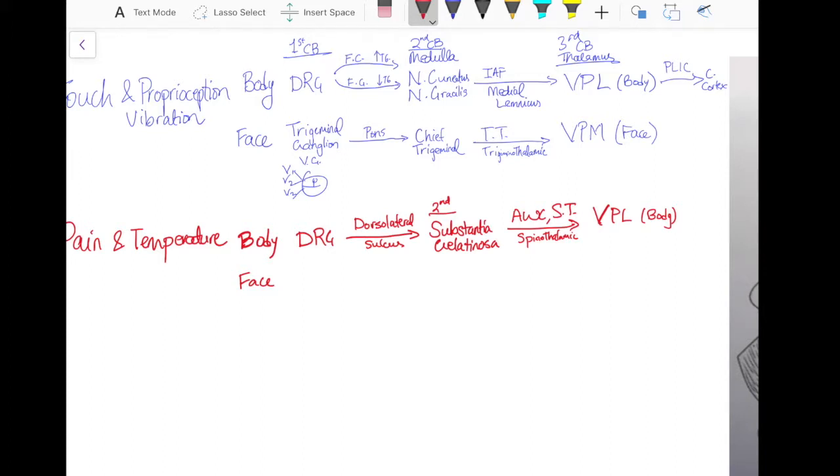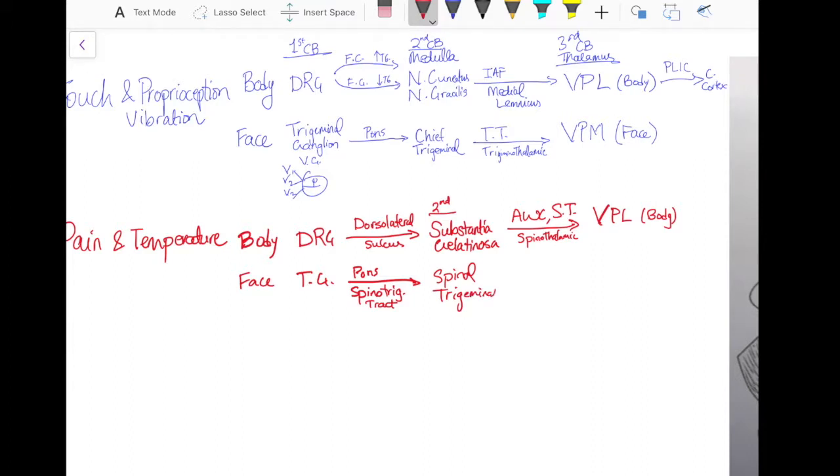For face, we once again start from the trigeminal ganglion, V1, V2, V3. We'll go into the trigeminal ganglion. We'll go through the spinal trigeminal tract via the pons. Will come synapse at the second cell bodies in the spinal trigeminal nucleus. So that is below the chief sensory nucleus of trigeminal, or chief nucleus of trigeminal.